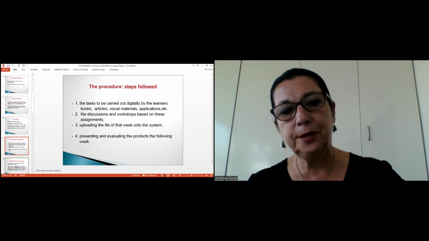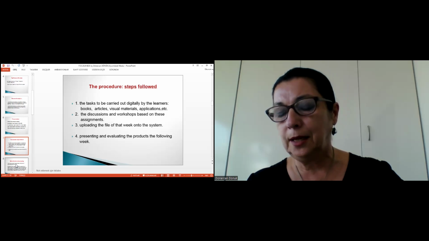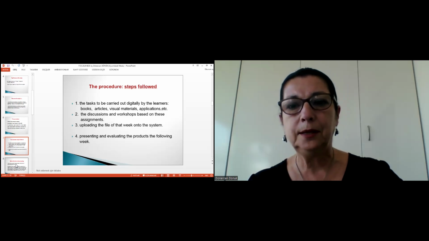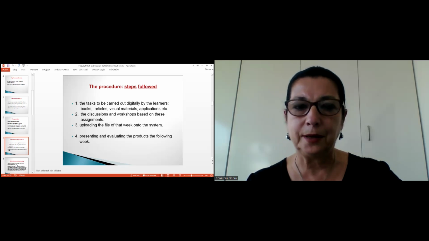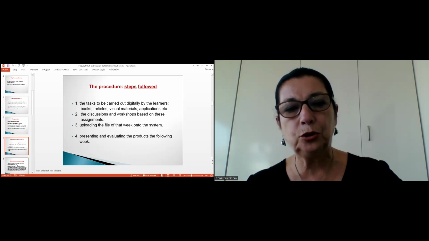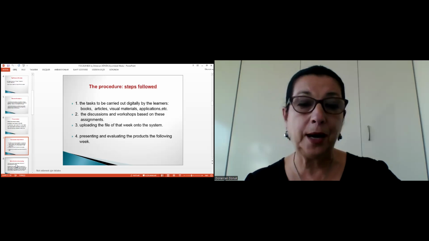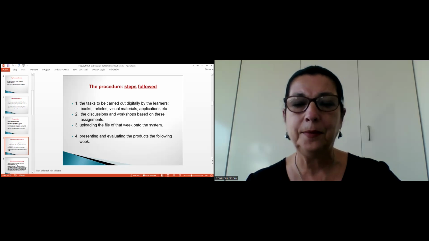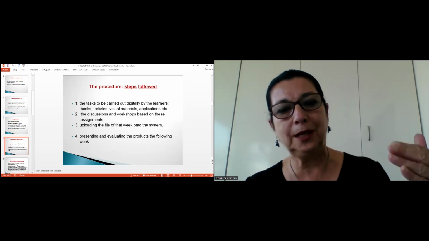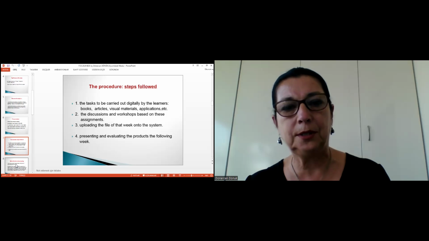For instance, the first workshop topic was language teaching methodology, techniques, approaches, methods, everything. So they were supposed to do some search on their own. Of course, I provided them some materials to do some search, but I didn't limit them. I just asked them to stick to the topic and to do their research.